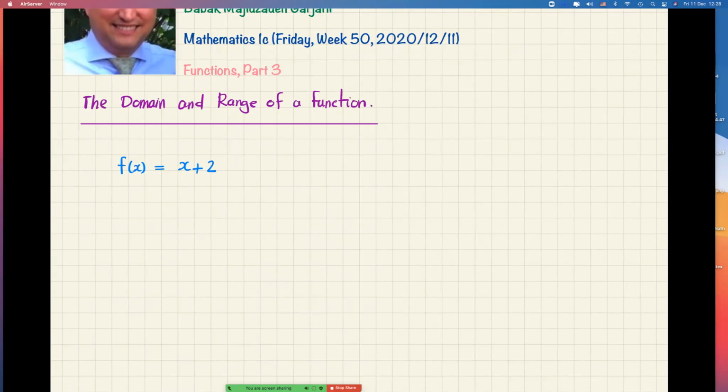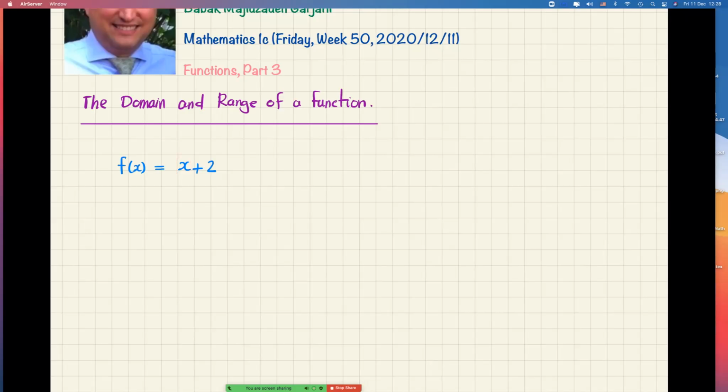So I'm talking about real numbers. There is no restriction for the values that I can put instead of x for this function. It doesn't matter which value I choose for x. This operation is always doable. So it means that there is no limitation for the value of x.